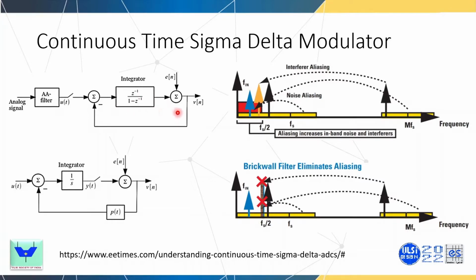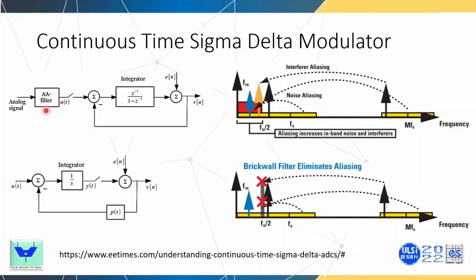It of course shapes the quantization noise out of band, but there is a possibility of foldback if the out-of-band tones, noise or interferers are not filtered out by the anti-aliasing filter, because this is going to alias anything beyond half the sample rate. So this is a very important part: the anti-aliasing filter.